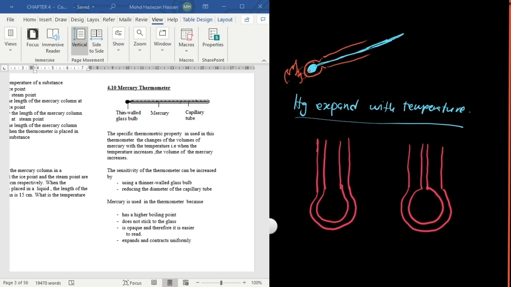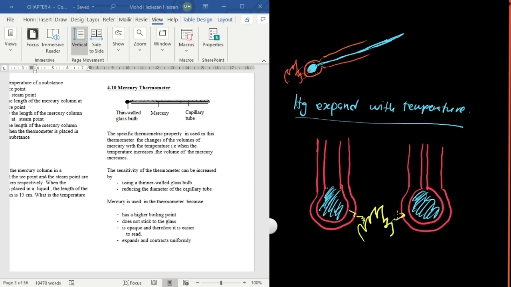So we put mercury inside the bulb and the capillary. What will happen if we bring a source of heat near the thermometer? Again, heat will be transferred.